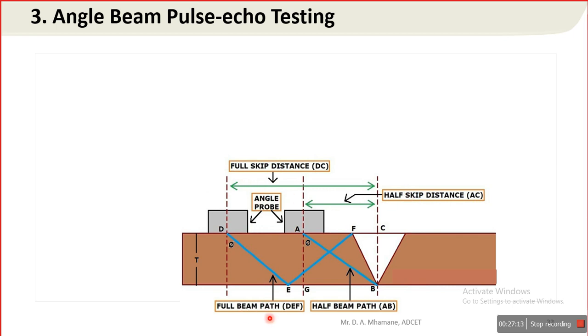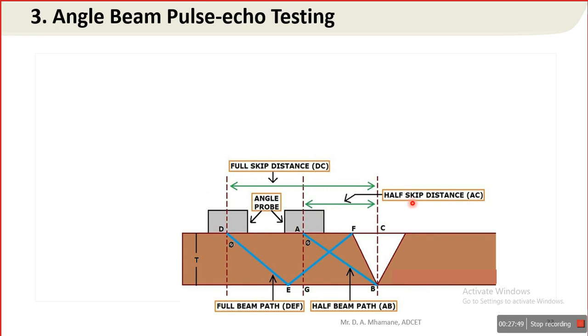This is the full beam path, which can be measured from D, E and F. It means the distance of the first leg plus the second leg of the ultrasound. The distance corresponding to this beam path is the full skip distance. So the distance from D to F is called the full skip distance.